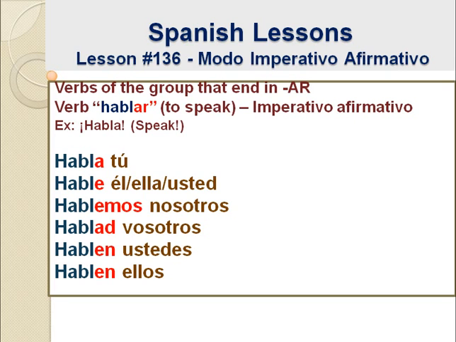Remember in the imperative, we never begin with the first person of the singular, with the pronoun I, right? Because that makes no sense to give a command to oneself. So we always begin in the imperative with the you, with the second person of the singular. So let's see. Habla tú, for you speak.